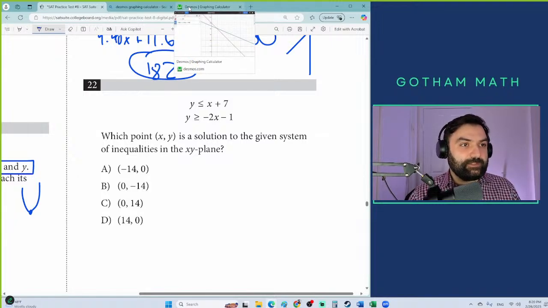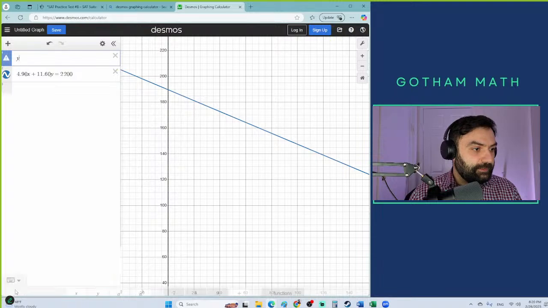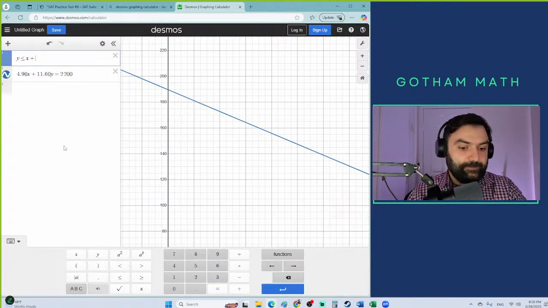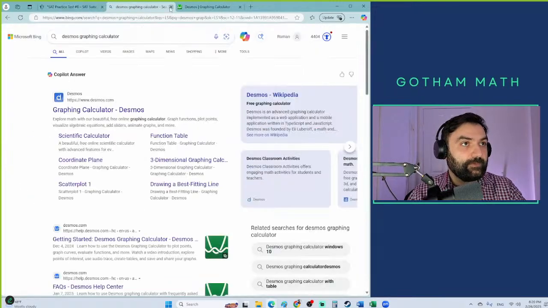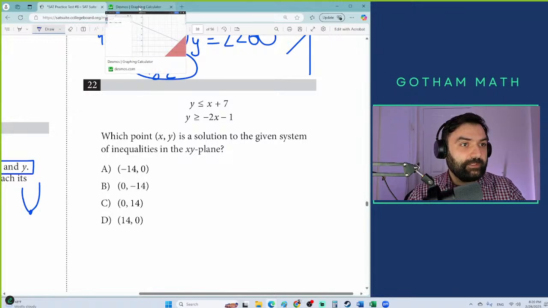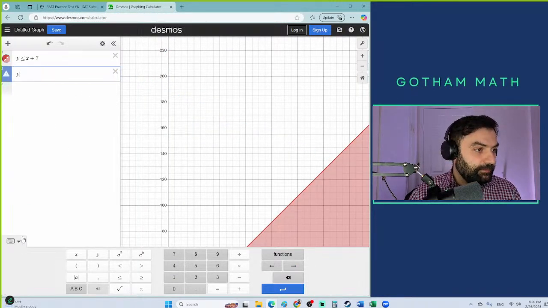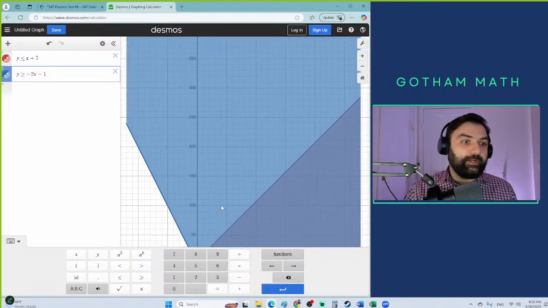So y is less than or equal to x plus 7. And y is greater than negative 2x minus 1.